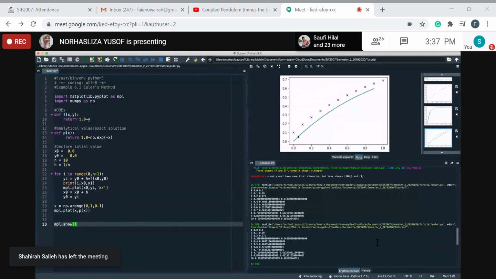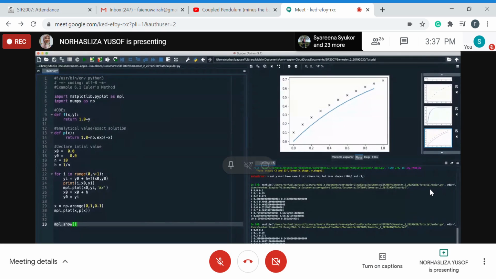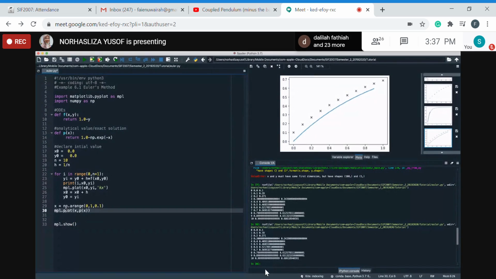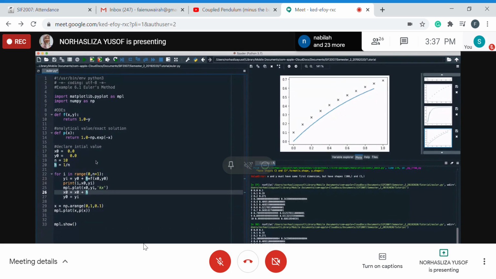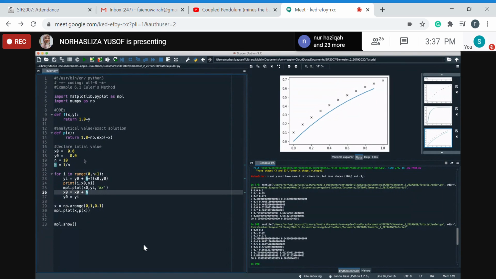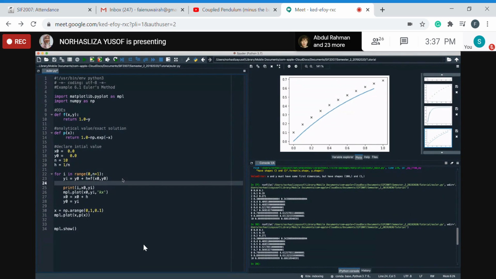When it approximates the value, it means there is some certain value, and you can see the difference, right? When you have something like this, you can calculate the error between these two. You just take your yi minus your px, and you can see how much error we produce.